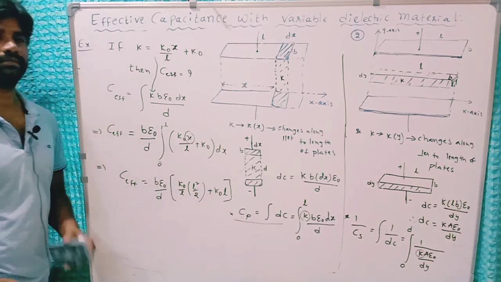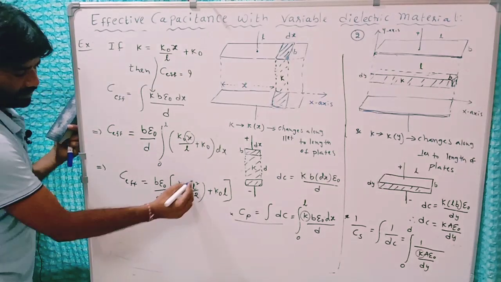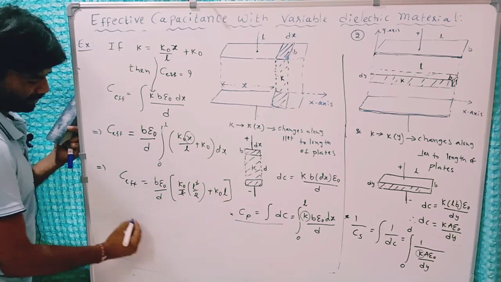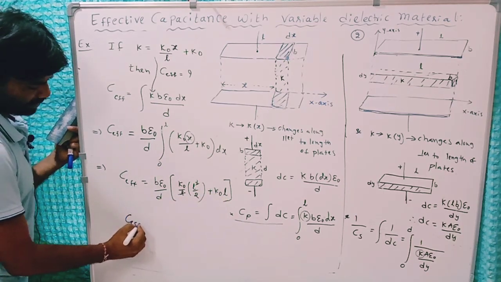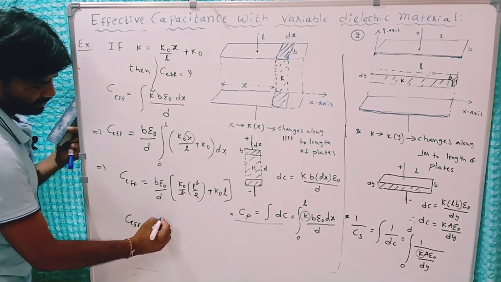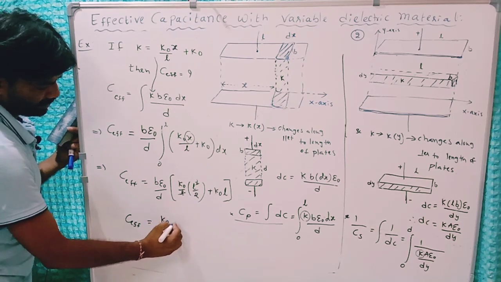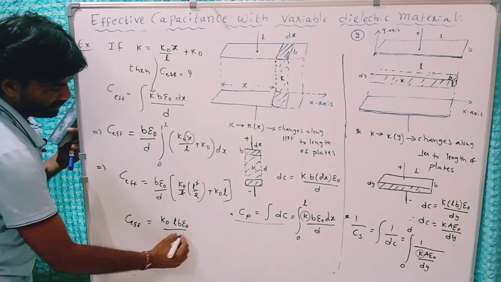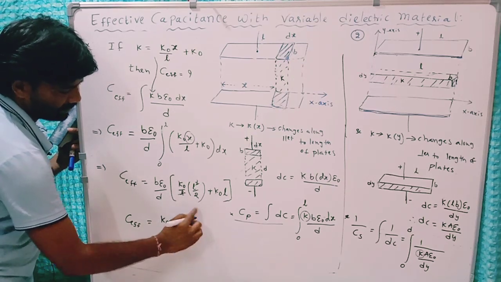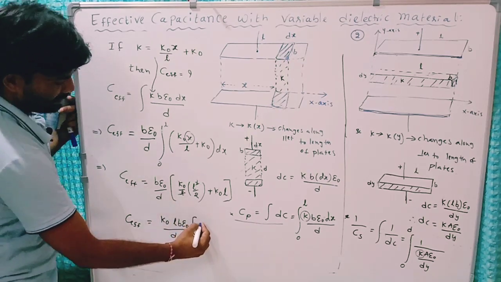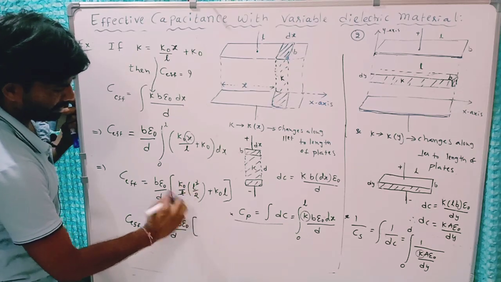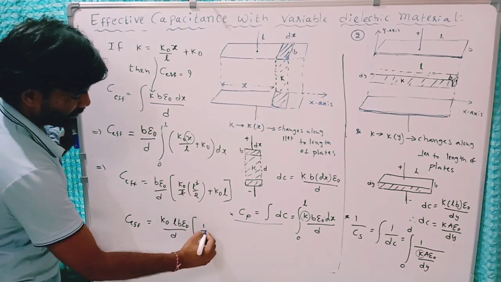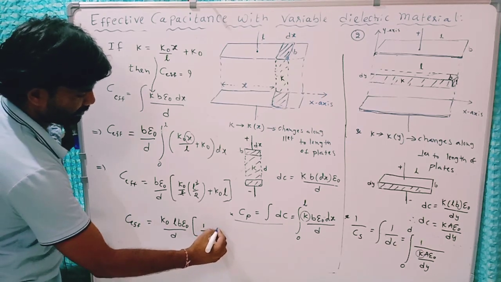Clear? Now this square and this L cancel. You can see here K naught L is common. Write that common term outside the bracket: K naught L B epsilon naught by d of, and the remaining terms are 1 by 2 plus 1.